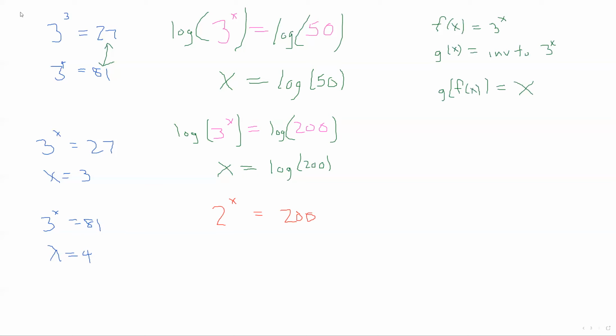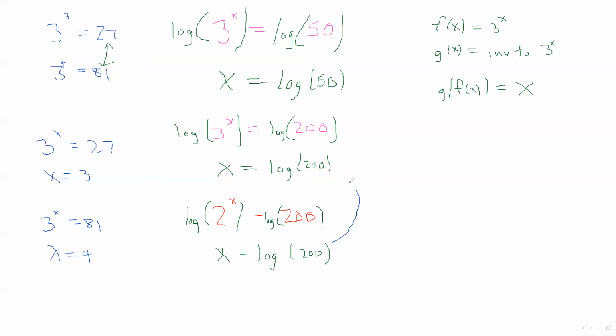Wouldn't I say log of this exponential is equal to log of the other side? And I will conclude that x equals log 200. That seems to be where I'm getting at, right? That seems to be my whole explanation.